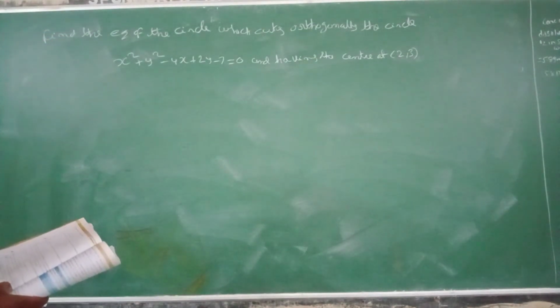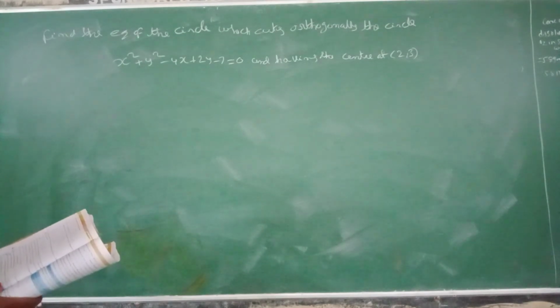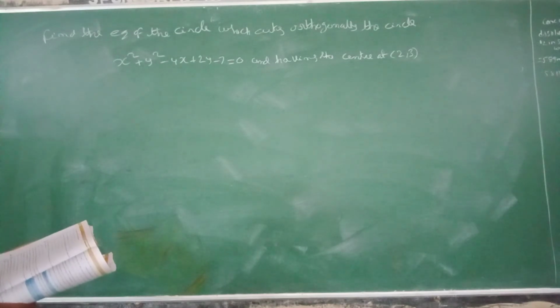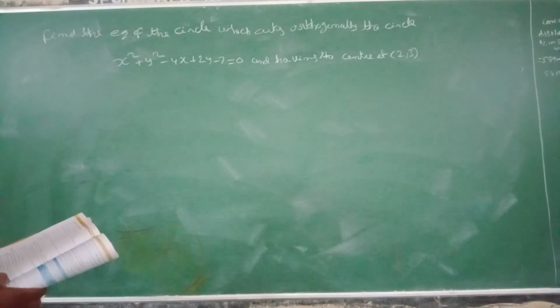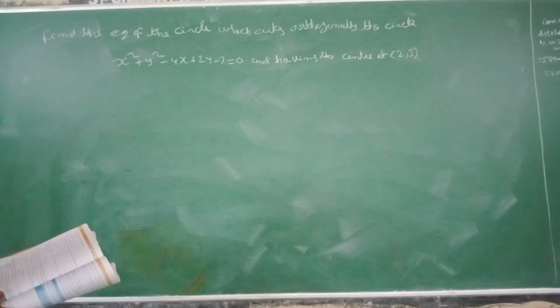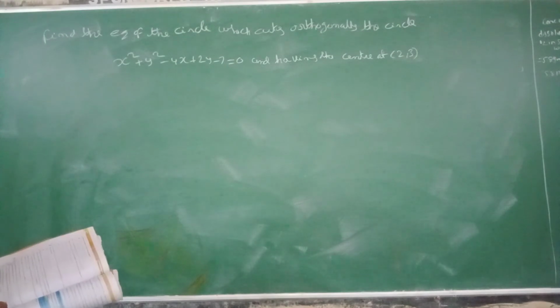Find the equation of the circle which cuts orthogonally the given circle x square plus y square minus 4x plus 2y minus 7 is equal to 0 and has the center at 2 comma 3.